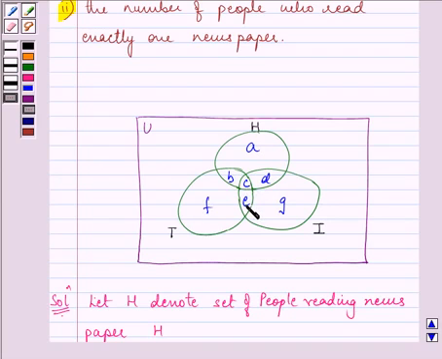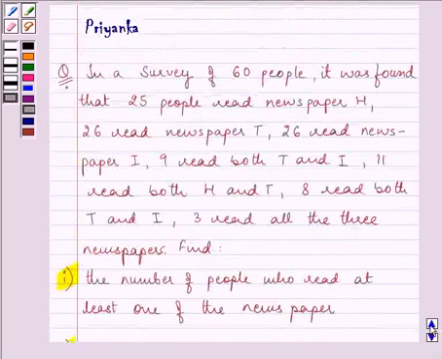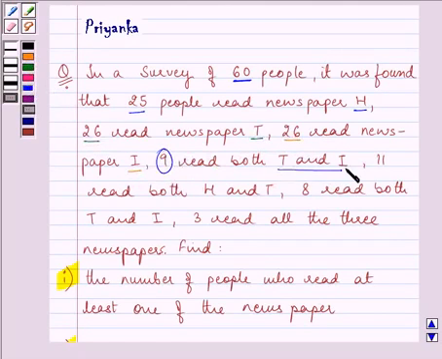C plus E represent T intersection I. H intersection I is represented by elements C and D, and all the 3 sets intersect at a common element C. So, according to the information we are given, this universal set consists of 60 people, out of which 25 people read newspaper H, 26 read T, 26 read I, 9 read both H and I, 11 read both T and H, 8 read both T and I, and 3 read all the 3 newspapers.